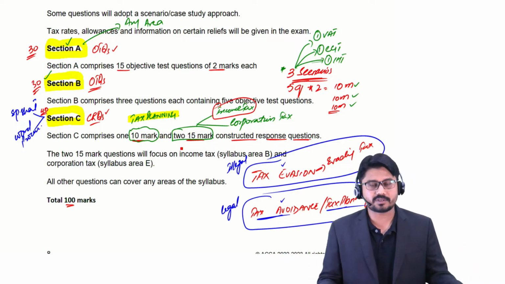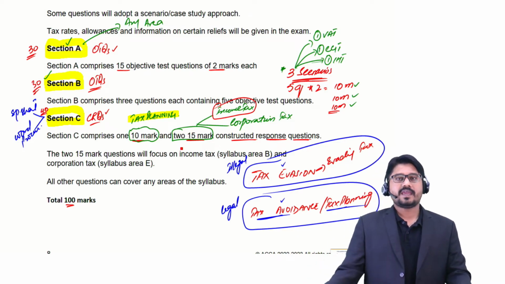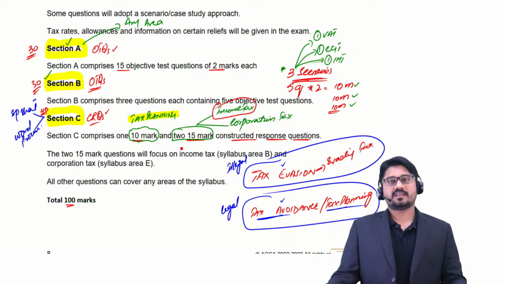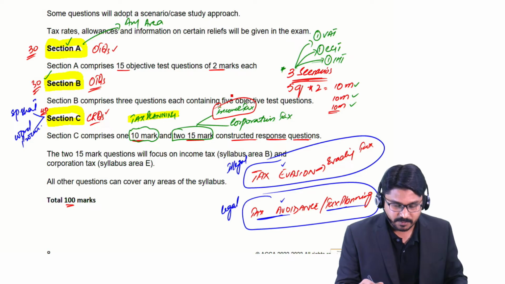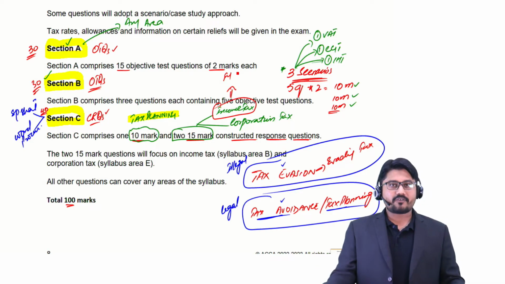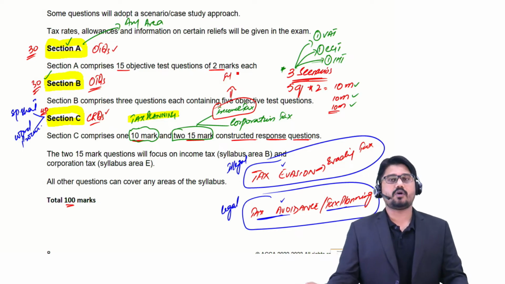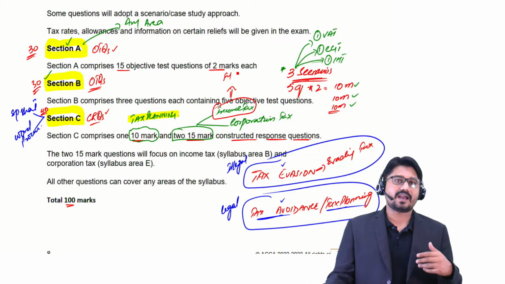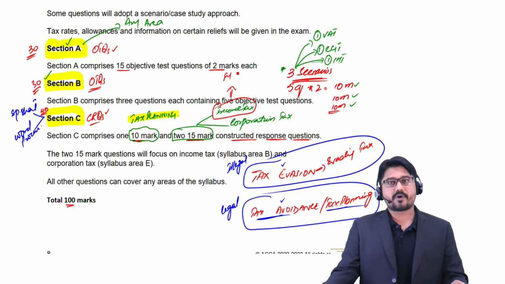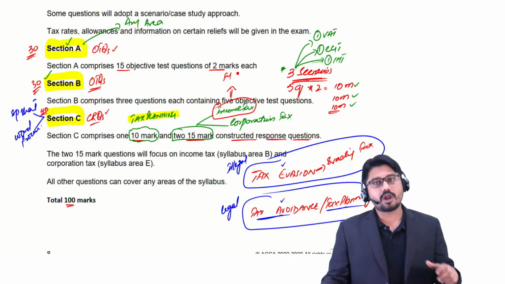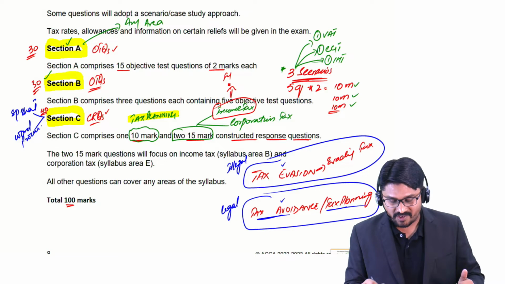Now let's talk about income taxes. Income tax means the taxation of an individual person. For finding the income tax liability of any individual person like you and me, if we want to calculate our tax liability, we have to perform all of the calculations according to a fiscal year.